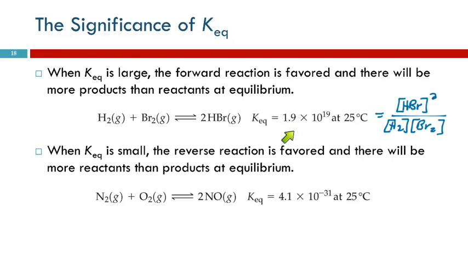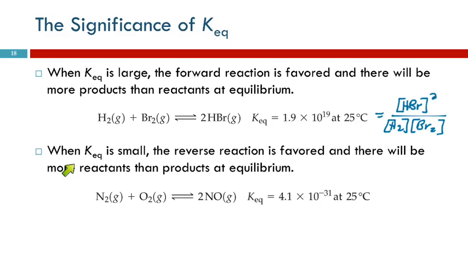Because this is a very large number, that tells us that the numerator of this expression must be really big and the denominator must be really small. So large KEQ favors the forward reaction.